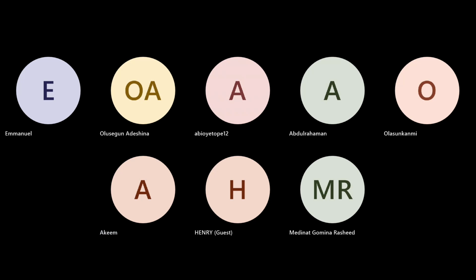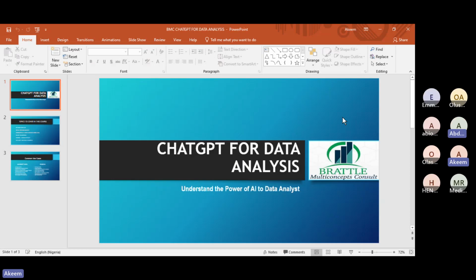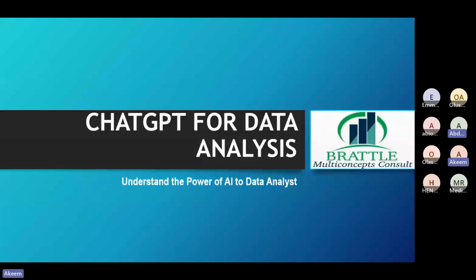This is going to be one of the very interesting topics or courses that we would have learned at this time. So I believe we've all heard about what is called AI and what ChatGPT is all about.